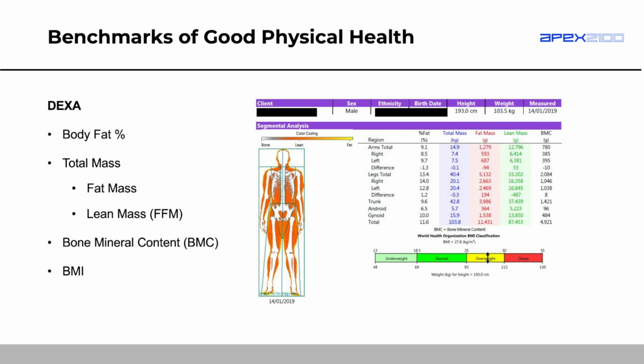So let's have a look at this guy. His BMI is overweight. You can see in that little line down the bottom, he is classed as overweight. Let's have a look at his body fat percentage. He is 11.6% body fat and he weighs 108 kilograms. So he is super muscly and super lean. However, BMI tells me he's overweight.